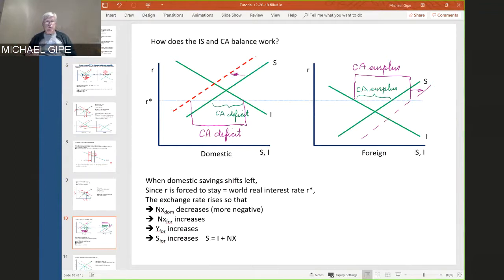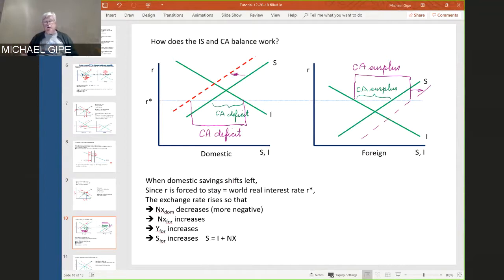It means that somehow we've got to keep that real world interest rate and adjust something else in order to keep the current account deficit and surplus in balance. And the thing that will adjust there is the exchange rate, essentially the price of one currency in terms of the other.